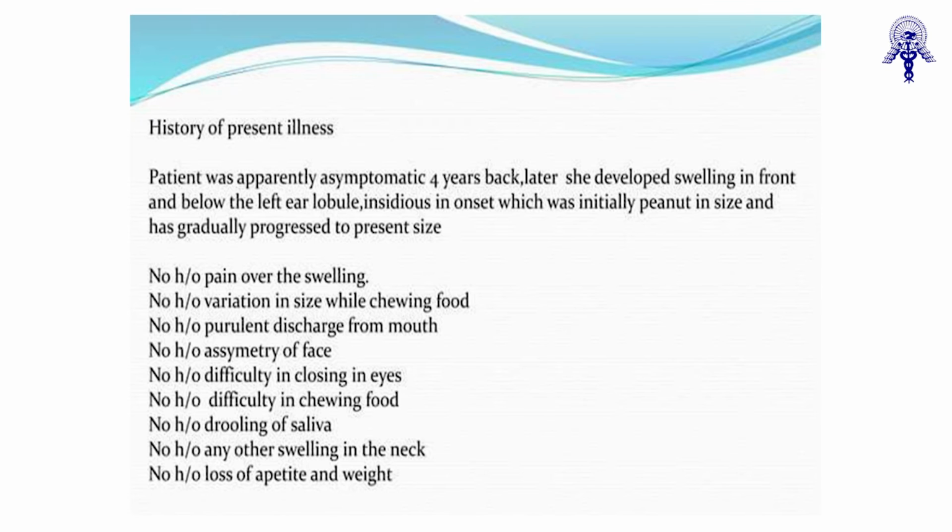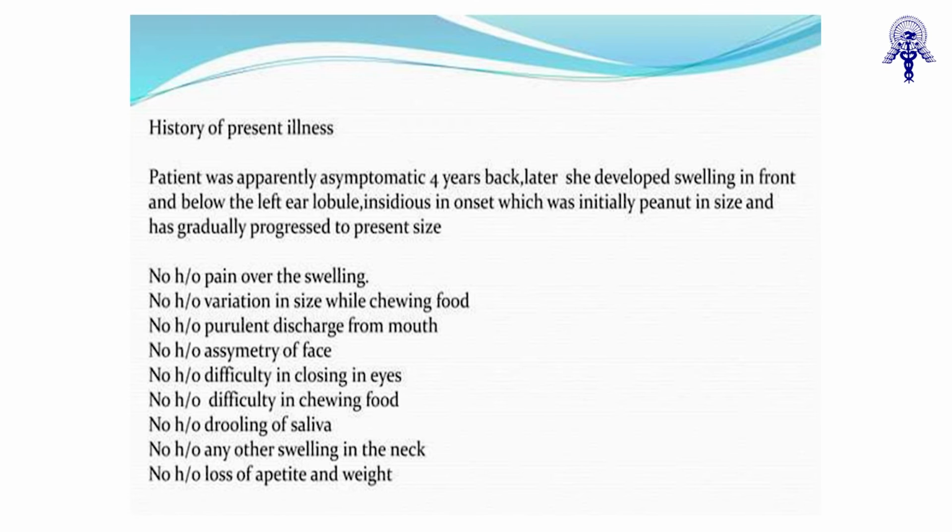Okay. Just to make it clear, we are not going to learn anything new, only a recapitulation of the things we have learned over the months. So what is the history?